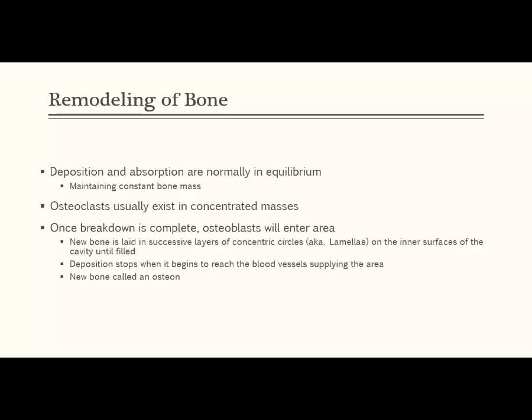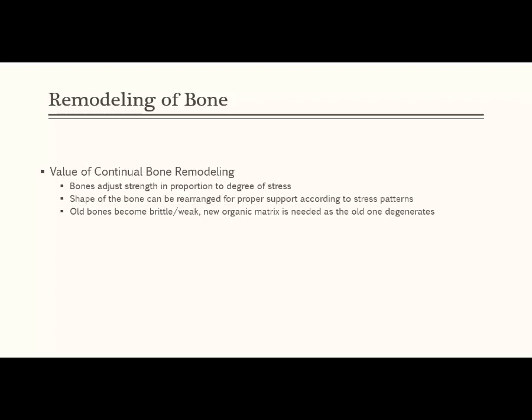When the blood vessels supplying the area are completely surrounded by bone, that's an osteon with a lamellar cavity. It's these concentric circles, and the new bone is now made and stable.